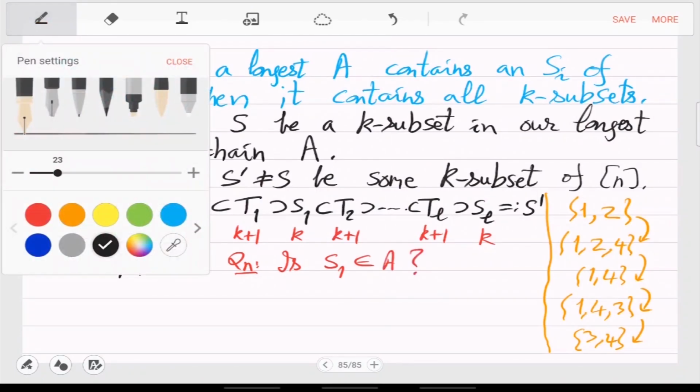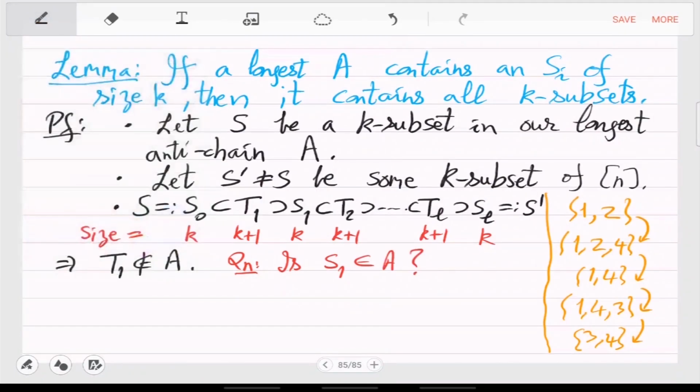The answer will be yes, because you consider the M chain that has T1, S1, and we don't care what is below or above.